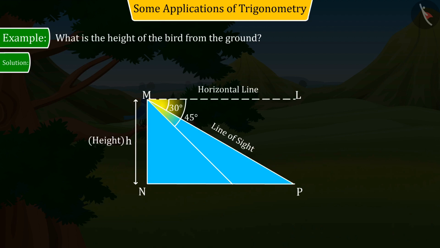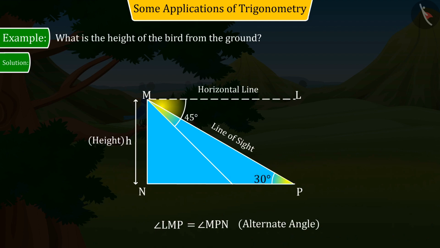Looking at the figure, we find that PM is a transversal line of parallel lines LM and PN. Therefore, in this case, we can say that angle LMP and angle MPN are alternate angles, so they will be equal.